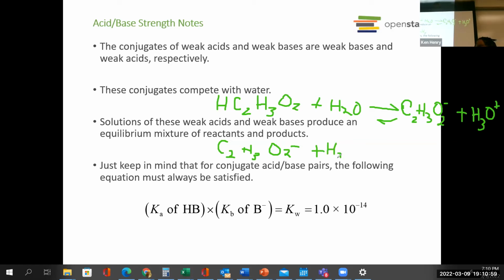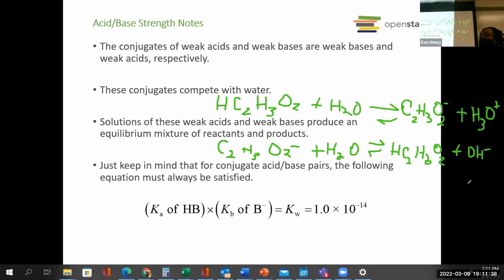So what is going to be the conjugate base and conjugate acid on the other side? Sort of flip it. So we'll end up with HC2H3O2 and OH minus. Right.